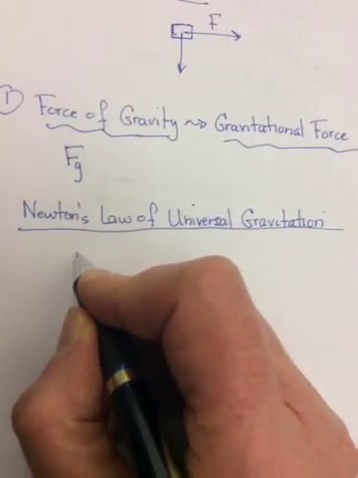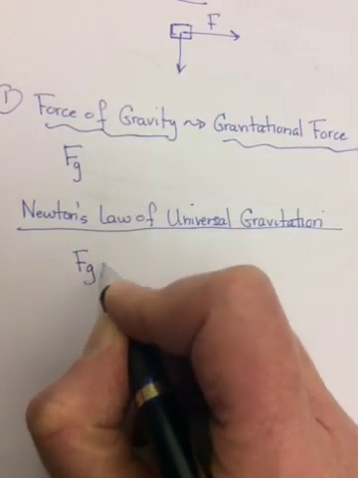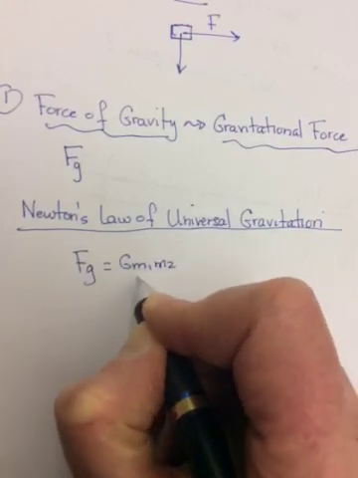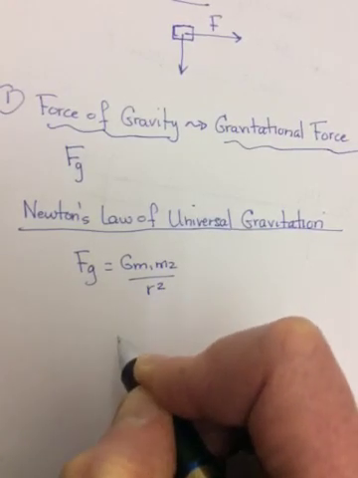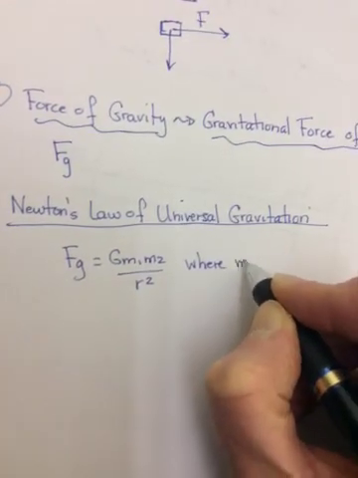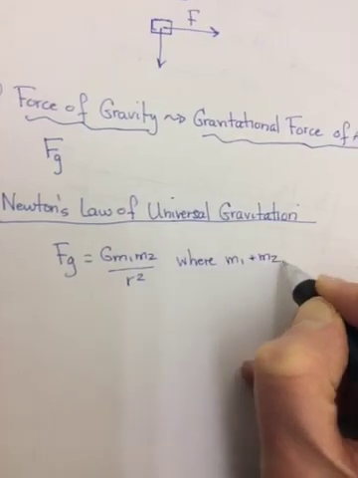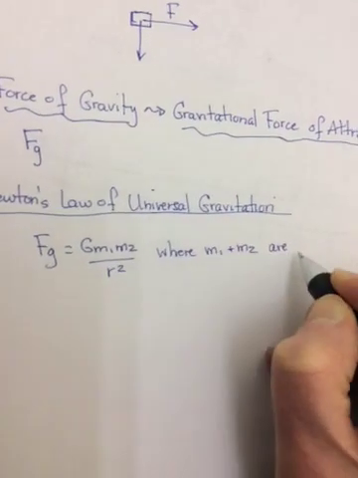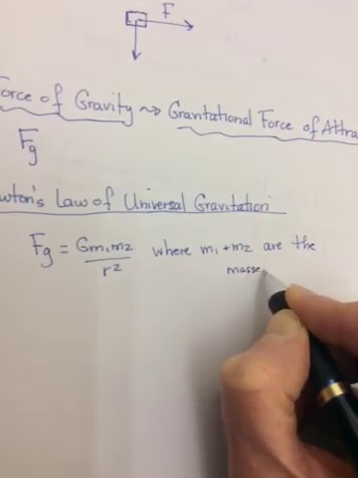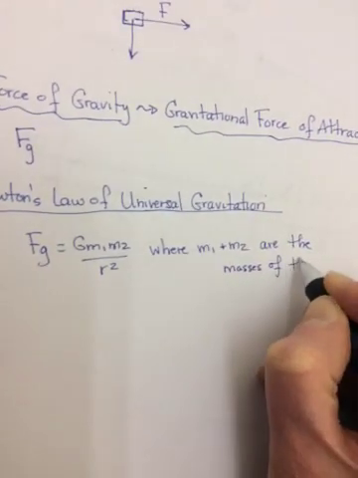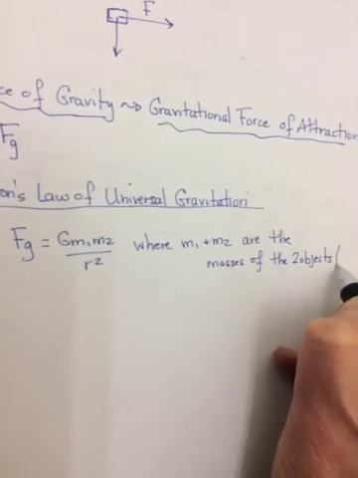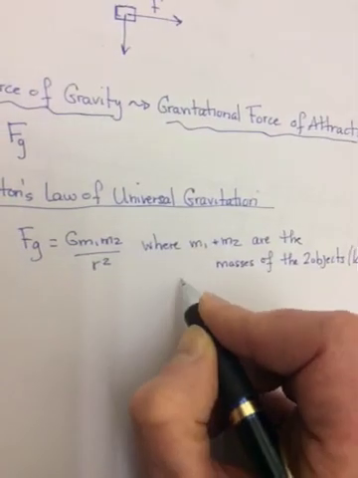So any and every two objects in the universe exert a gravitational force of attraction on each other. And the equation where we can calculate that is Fg is equal to G m1 m2 over r squared. Okay, where m1 and m2 are the masses of the two objects, and of course, mass measured in kilograms.